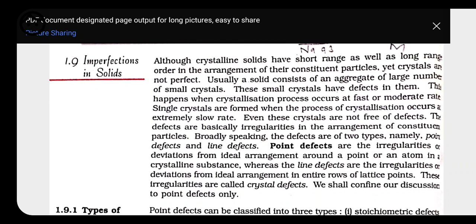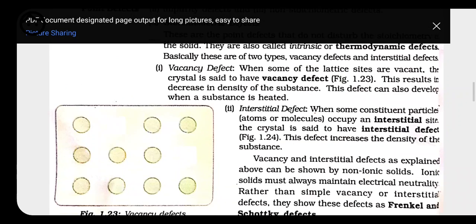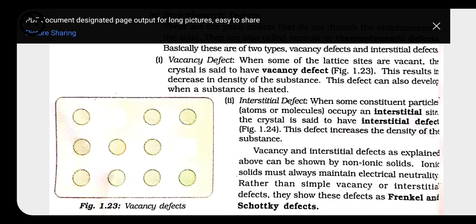Point defect means if any defect occurs at a certain point, that is called point defect. Just imagine a crystal in which we have a number of particles arranged. See here I will show you. These are the crystal in which many elements or many atoms are arranged.